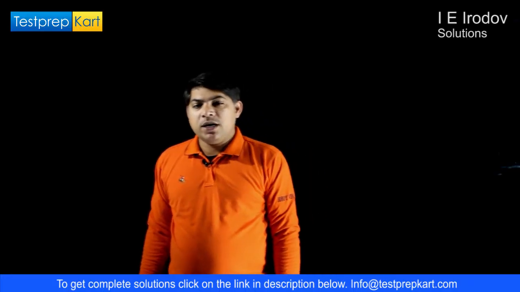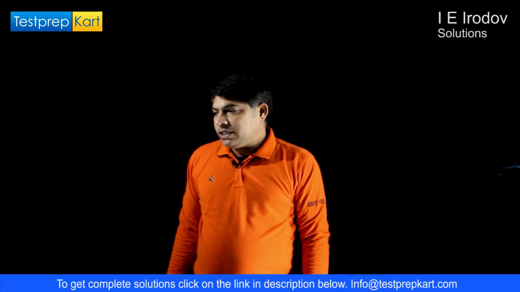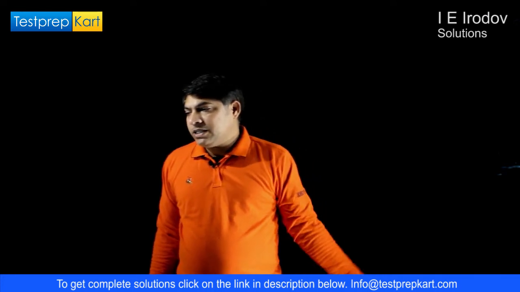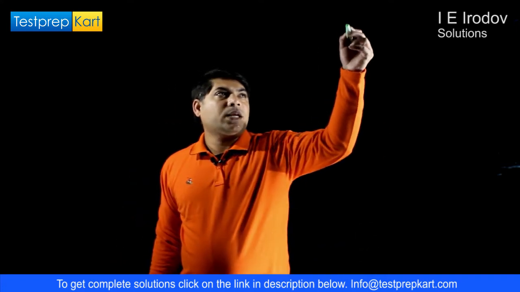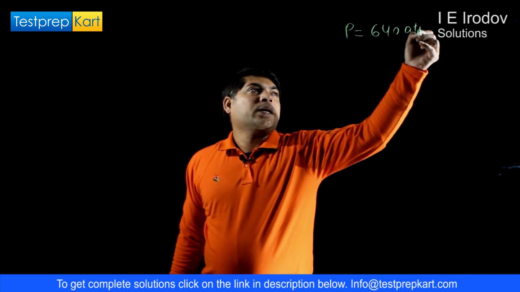Question number 2.211. Ice which is initially under standard conditions was compressed up to a pressure P equal to 640 atmospheres.